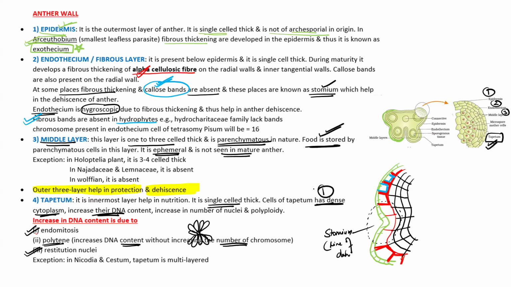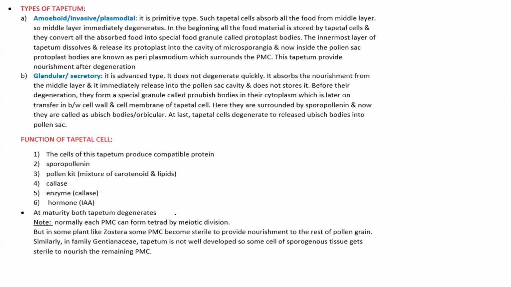They have dense cytoplasm and increased DNA content. There will be polyploidy, obviously, since DNA content is increasing, and an increase in the number of nuclei is also a possibility. Clear? Now, two types of tapetum will be there. In one type, the tapetum will work like a gland, meaning it will not degenerate immediately.